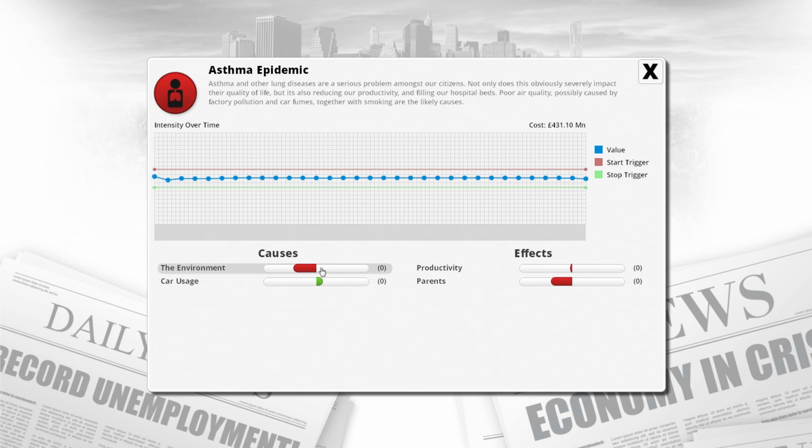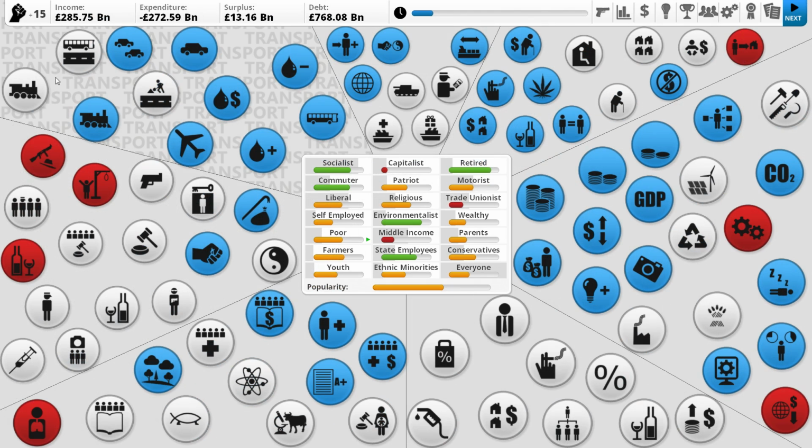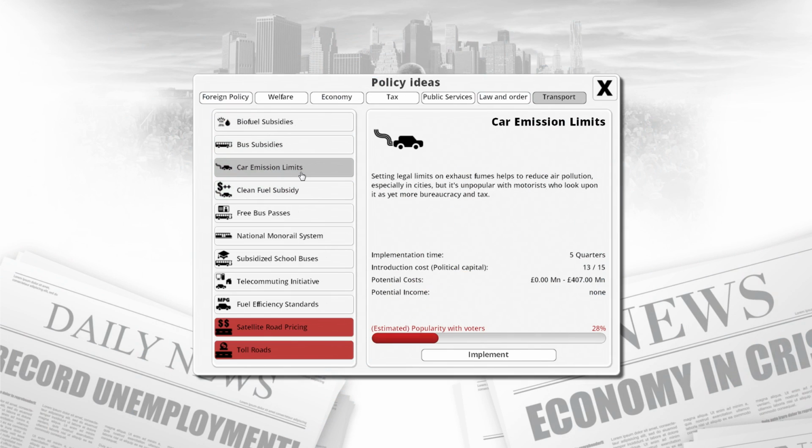And the asthma epidemic will be caused by the environment. And the environment is mostly car usage. Alright. So we can do some things about that. We can implement car emission limits, so the hard way, but we can do it the easy way and give subsidies instead of restrictions.